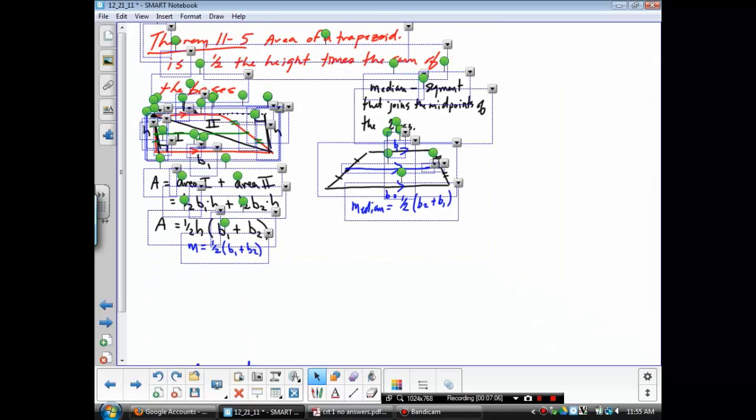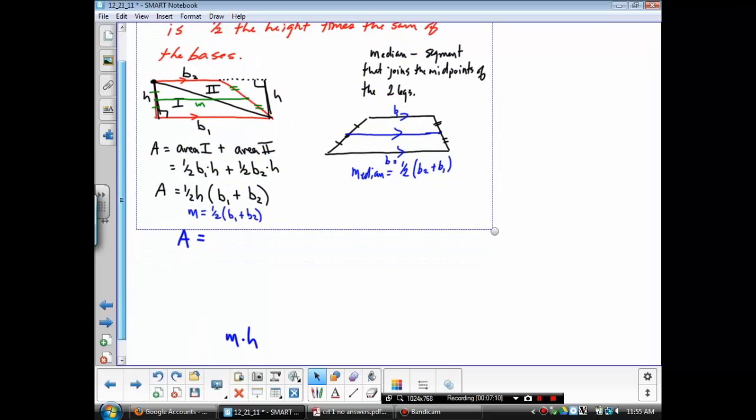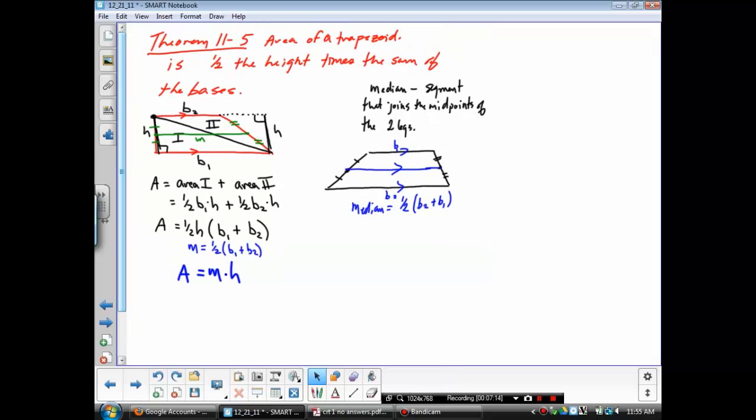I'm going to talk about the isosceles trapezoid now, because it's our last new piece of information. And it's not new, it's review. Just like the median was review, what we know about the isosceles trapezoid is review.